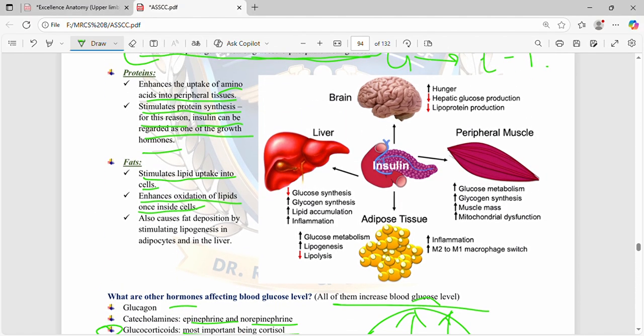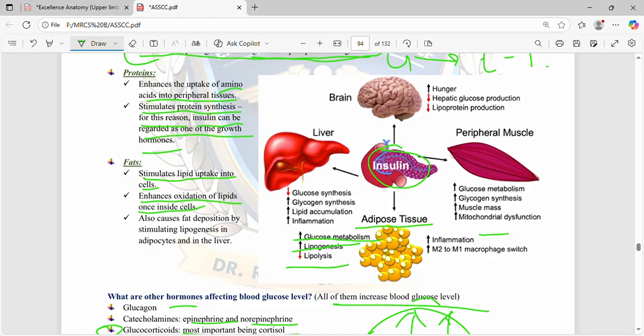So this is the pictorial presentation of the insulin functions. We have insulin from the pancreas. It acts on adipose tissue: it increases glucose metabolism, increases lipogenesis, and decreases lipolysis or mobilization of fats.